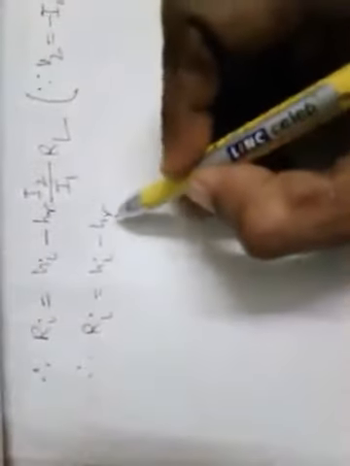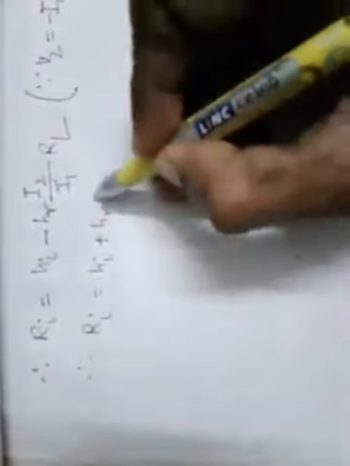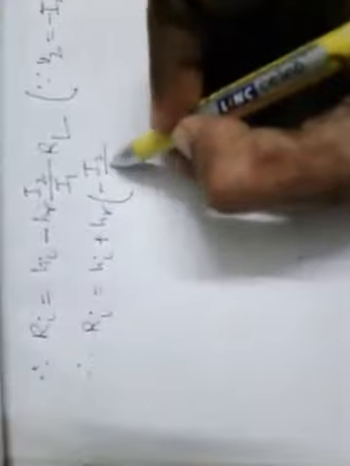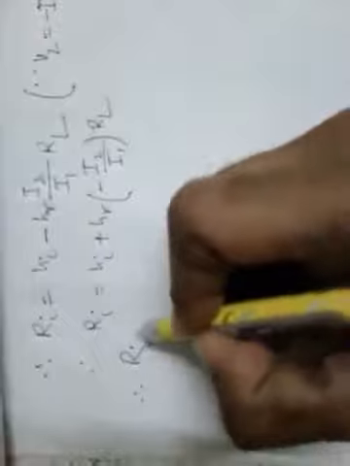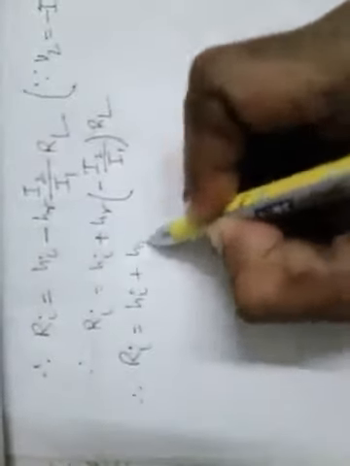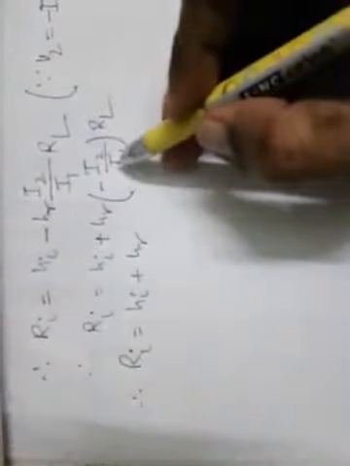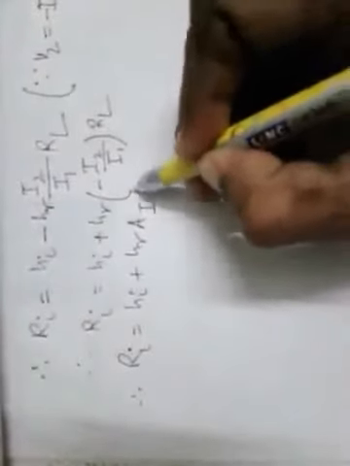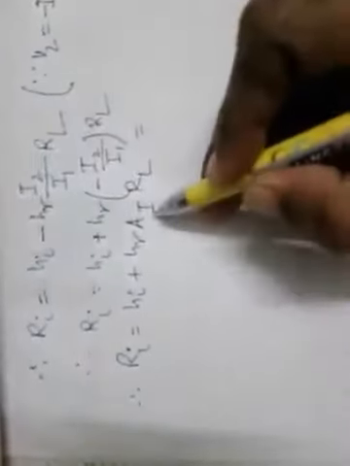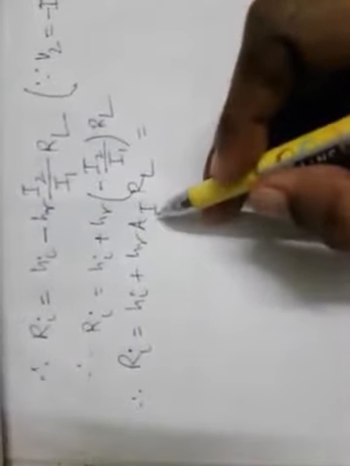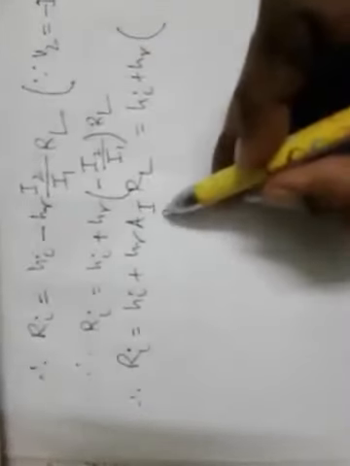So take this minus inside, minus I2 by I1 into RL. Therefore Ri is equal to HI plus HR. What is minus I2 by I1? It is AI into RL. Now just substitute the expression for AI. You know what AI is? AI is minus HF by 1 plus HO into RL.